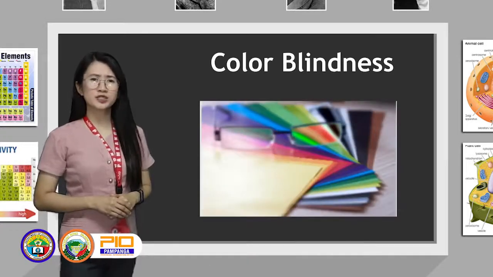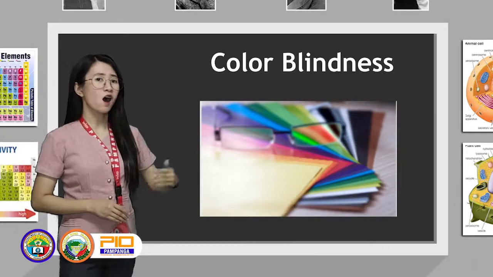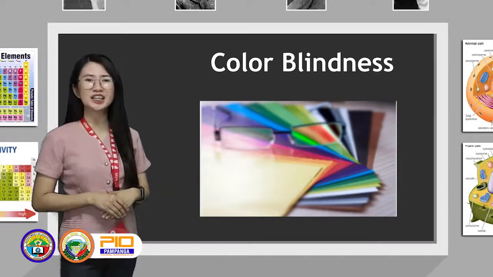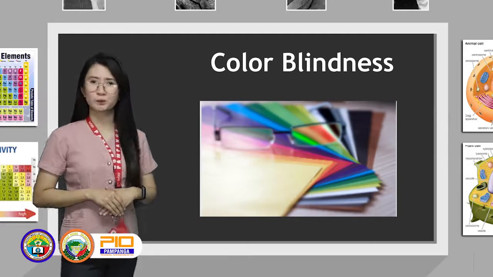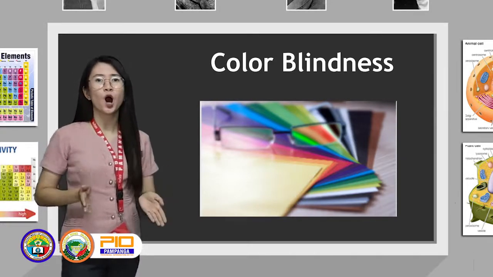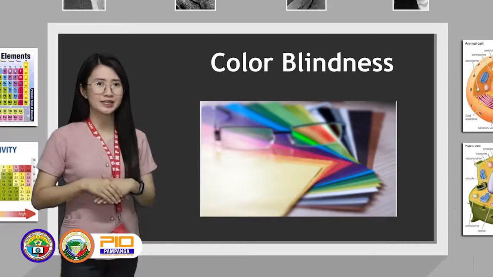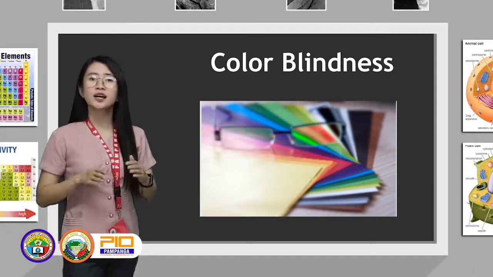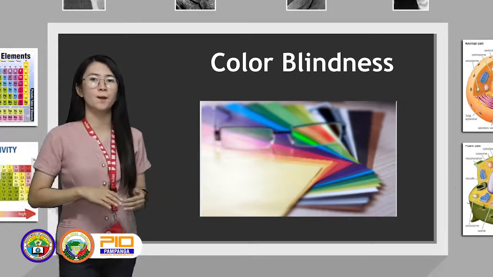Are you able to distinguish the different colors on this image? If so, congratulations! You are not colorblind. Color blindness is another example of sex-linked traits. This is a person's inability to distinguish a certain color from the other.